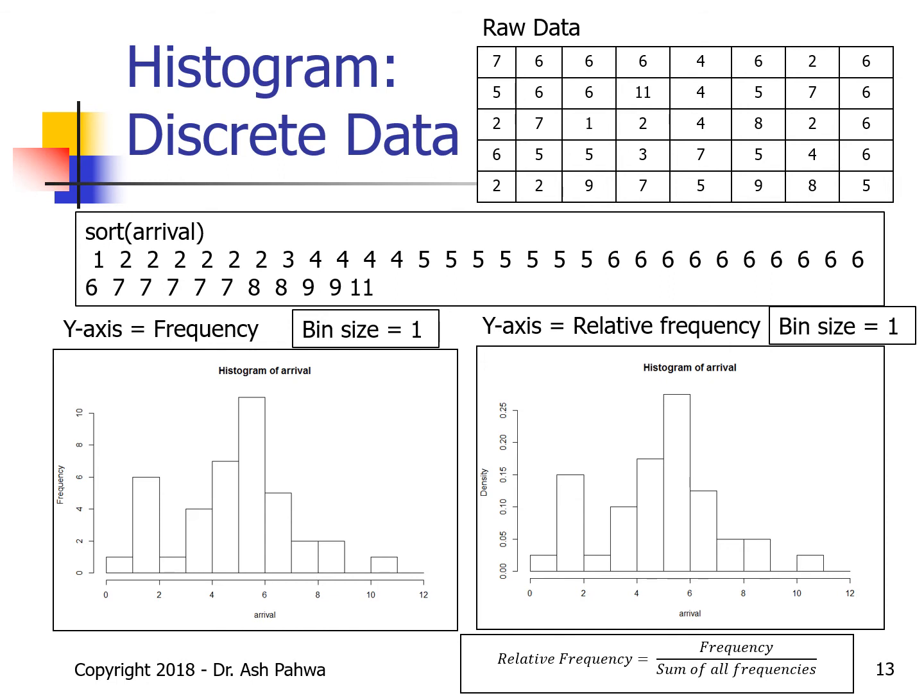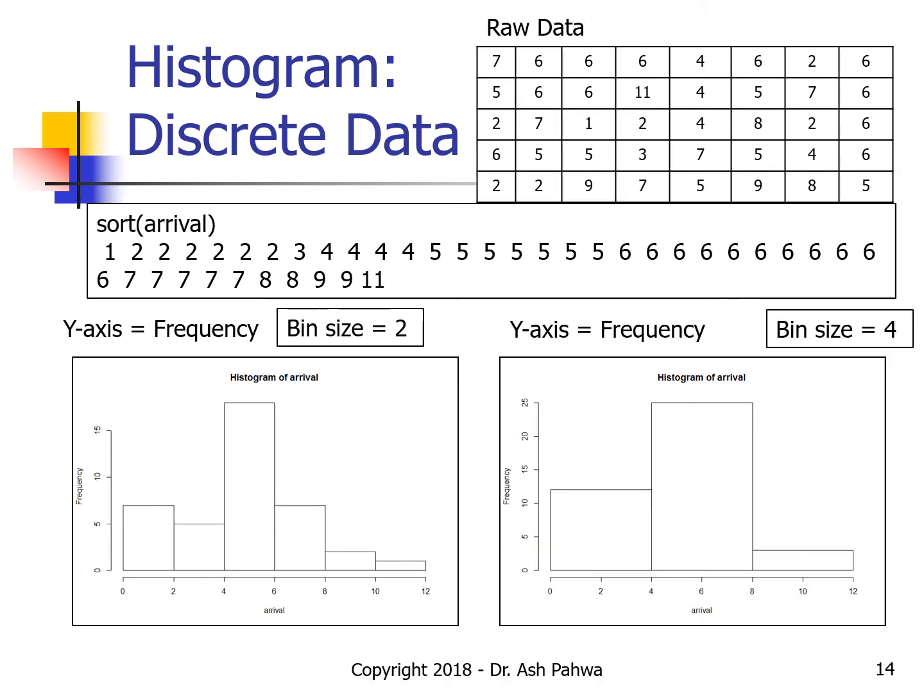The shape of the graph remains the same. As I said before, the advantage of plotting a relative frequency is that if we add all these numbers up, which are the relative frequencies, that comes out to be exactly 1. Therefore, relative frequency represents the probability of that event.